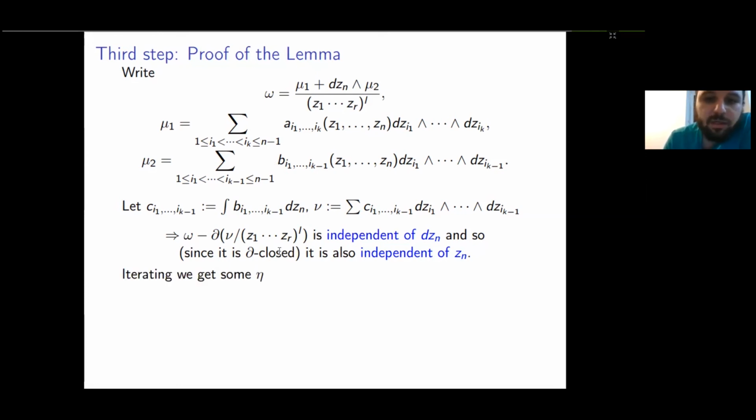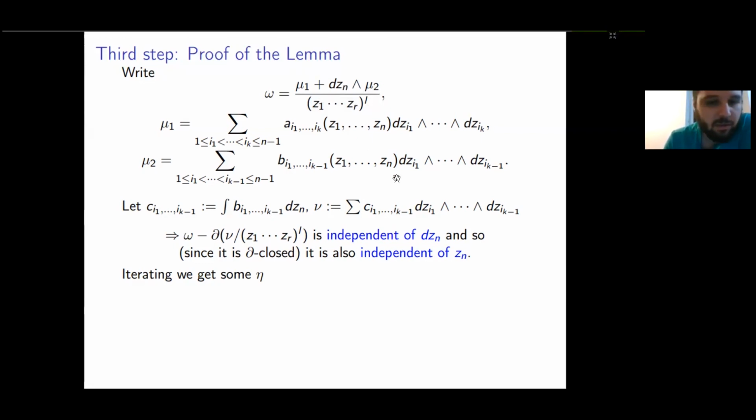And so with this procedure, what we have shown is that modulo the delta of some meromorphic k-1 form, we can always remove the dependence on the last variable, on Cn, right? And so we can iterate this process and remove also Cn-1, Cn-2, and we can continue until removing Cr+1.